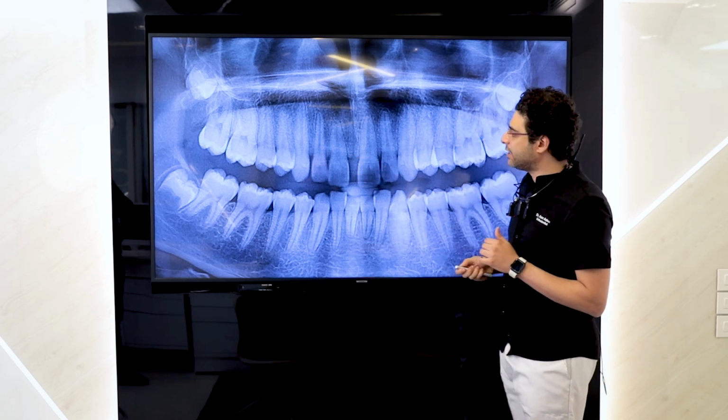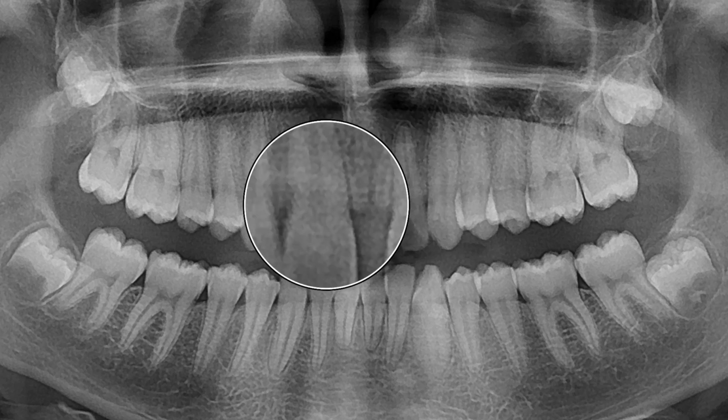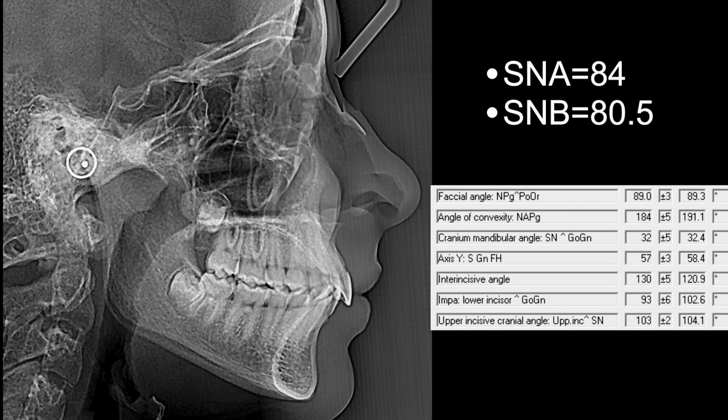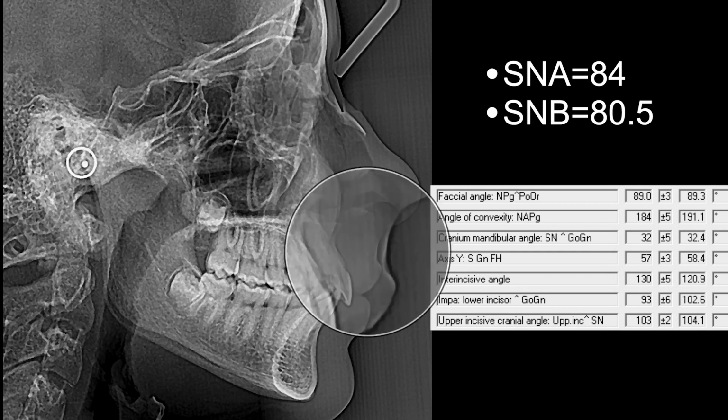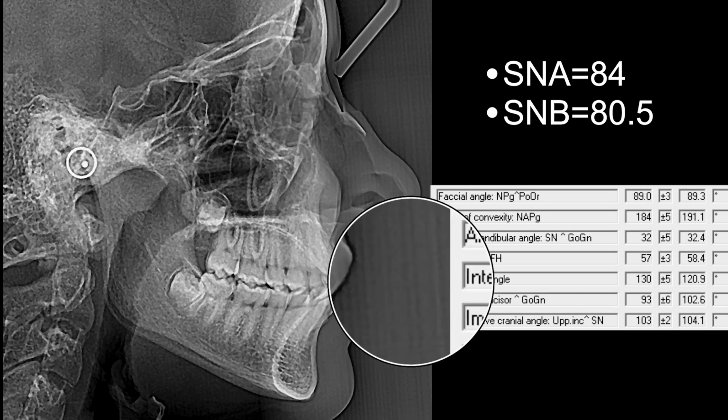In this panoramic x-ray, we can focus on the deep fissure or cleft between the 2 central incisors, which indicates a thick labial frenum penetrating between the 2 maxillary bones. In the cephalometric analysis, you can focus on the overjet, which we will utilize for 1 mm upper incisor retraction.